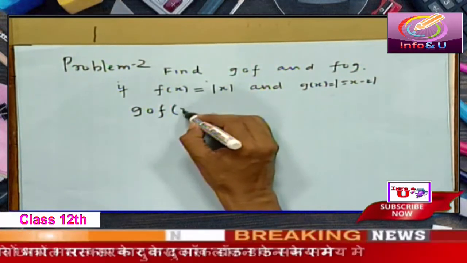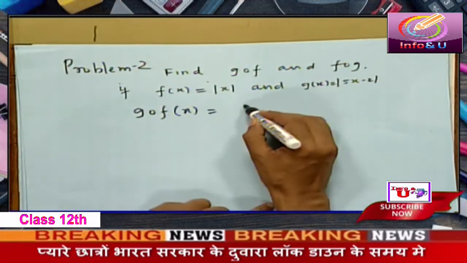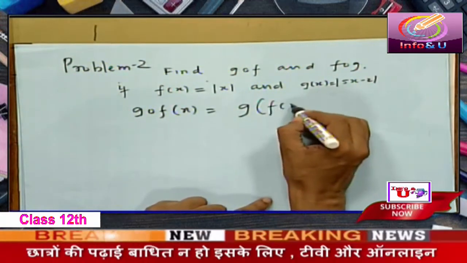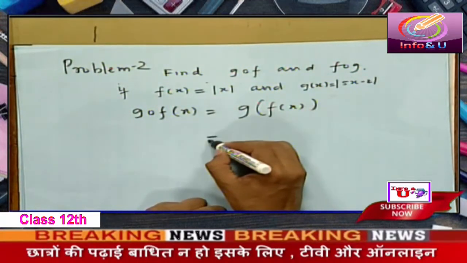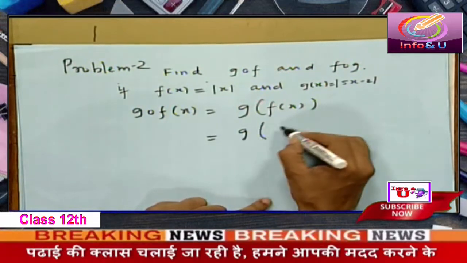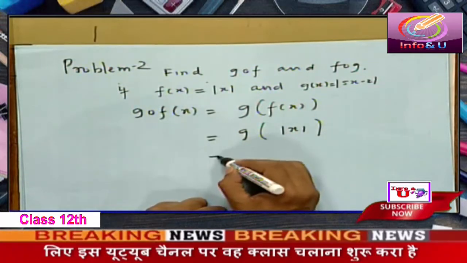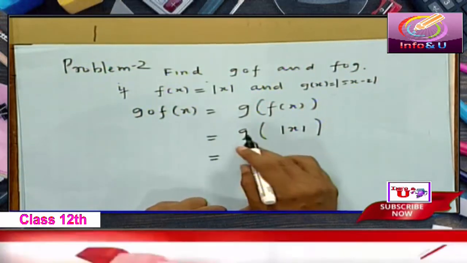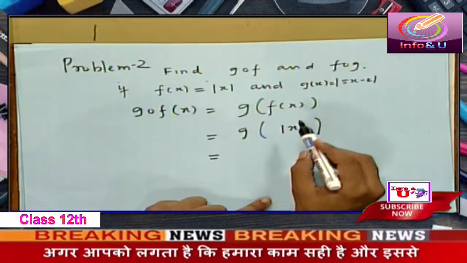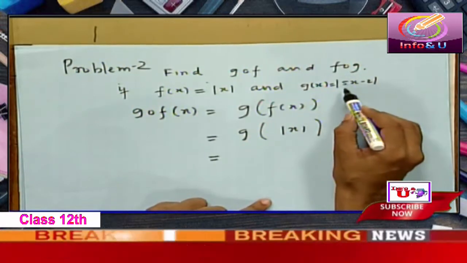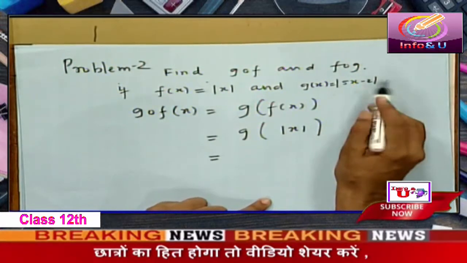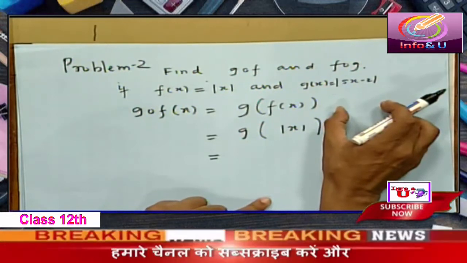Now g o f of x is equal to g of f of x. Now f of x is simply mod x. And what is g of anything? g of anything is 5 times that thing minus 2, whole thing in modulus sign.